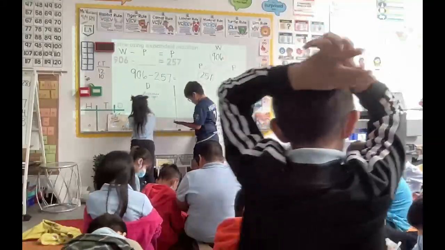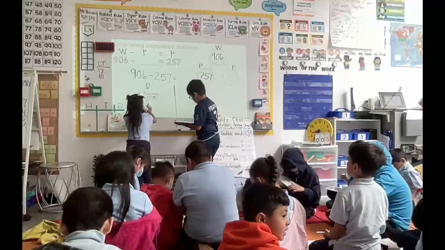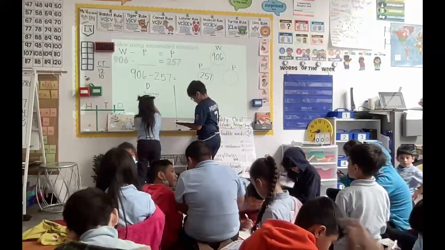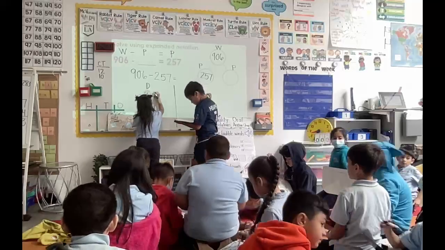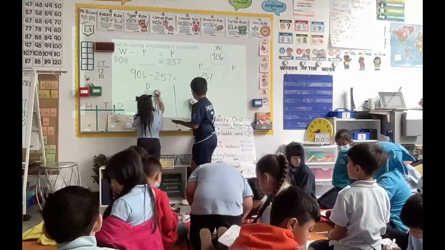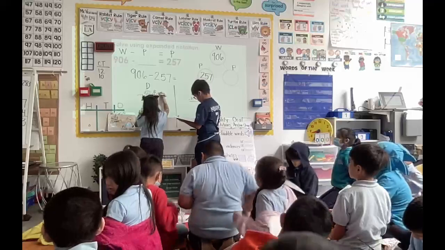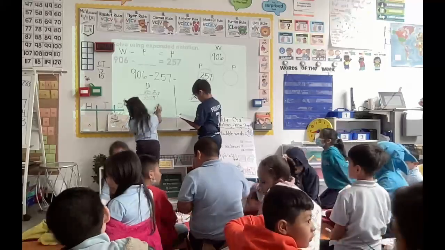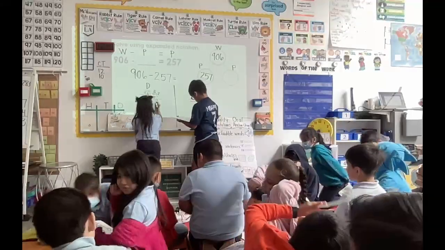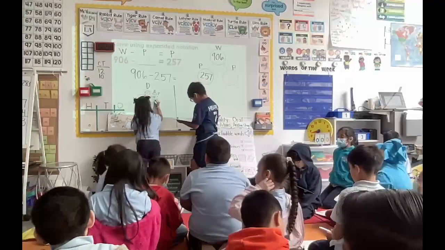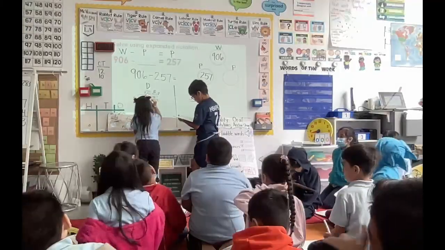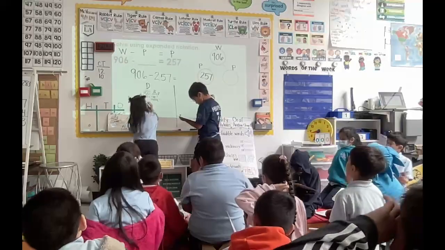Liam, on your bottom. Casey, Isabella, your eyes should be on the whiteboard so you can compare your work with what Delaney and Neymar are doing.